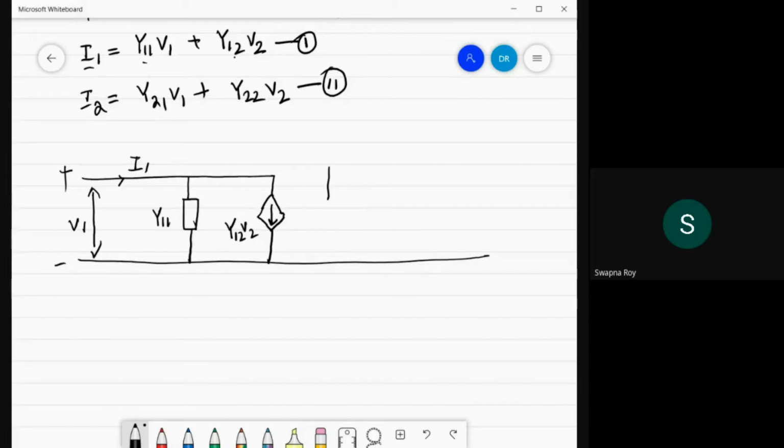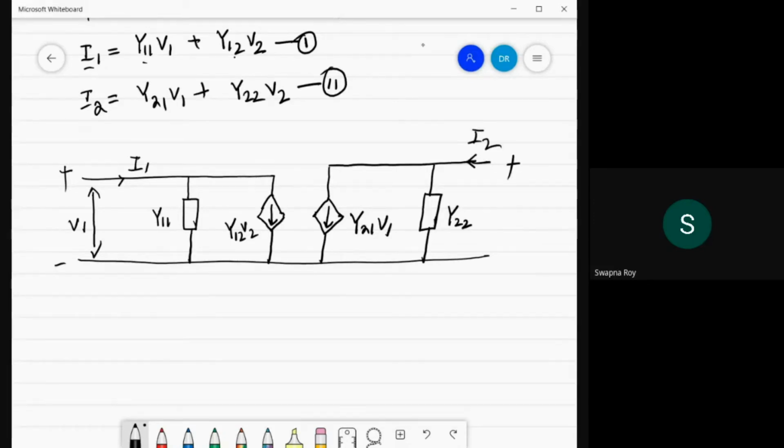So this will be Y21 V1 and this will be your Y22. This is the output current and this is the output voltage, output port voltage. So this is called the two generator equivalent circuit of Y parameter.